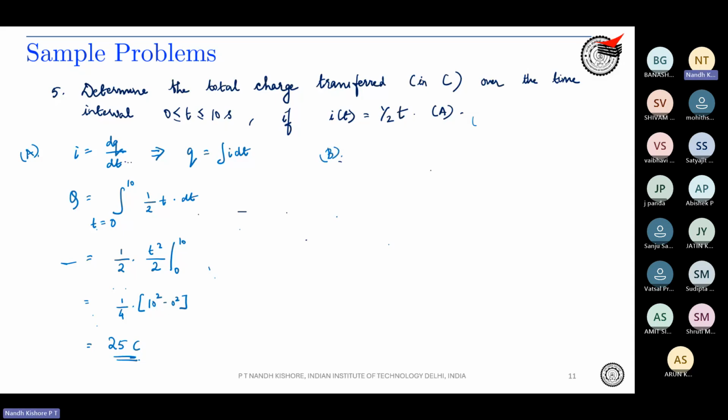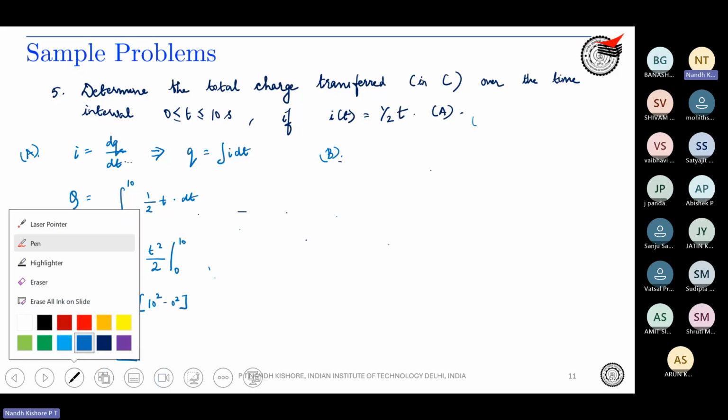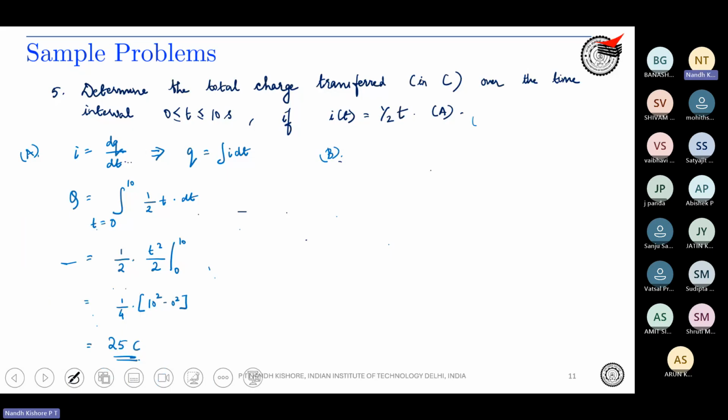Or the other way would be you plot this. Since the function is simple, you can plot it, or else you may not be able to plot it, right? If it's a sine wave or something, you have to integrate and get the answer. But since it's a simple function, we can plot it. So this is your time and this is your I. They have given it as half t. So it is directly proportional to t, therefore it would be a straight line.